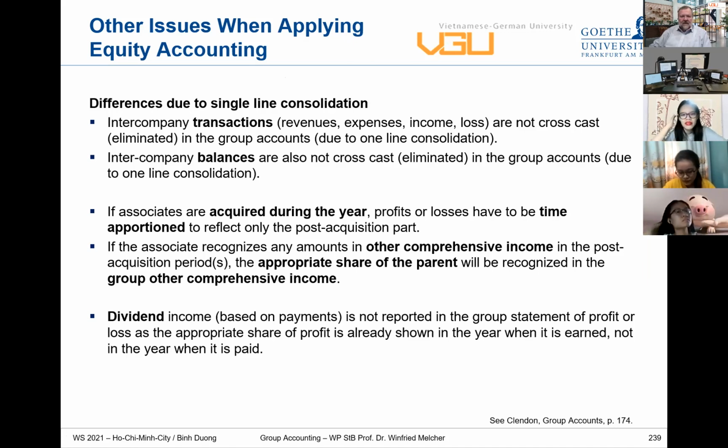So the problem is that we will only show assets and liabilities of subsidiaries in the consolidated financial statements. So even if you have a receivable from an associate, you cannot eliminate that one because you don't have the equivalent liability of the associate in the financial statements.